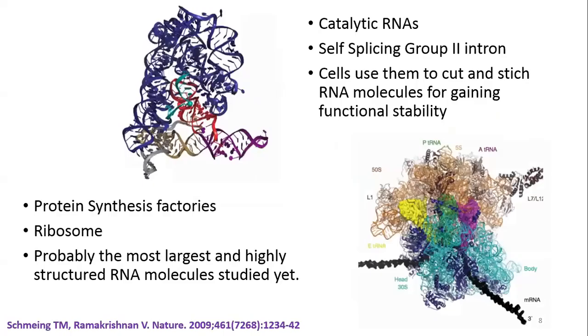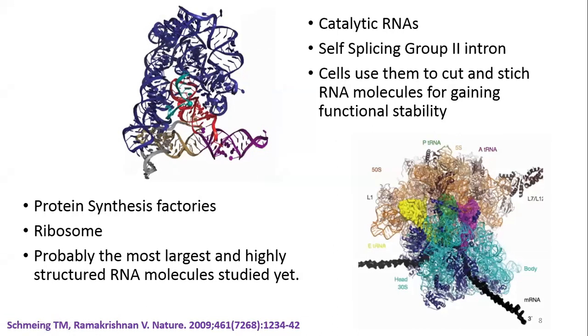Okay, so some of the RNAs are catalytic RNAs. Say, for example, your self-splicing group 2 intron. Okay, so this is how your self-splicing group 2 introns look. So the cell uses the catalytic activity of this self-splicing group 2 intron to cut and stitch RNA molecules for gaining functional stability.